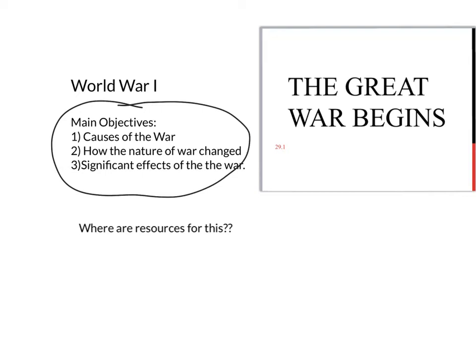Number two is how the nature of war changed. So we will talk about things like the advent of the tank, of aircraft, and poisonous gas, and many things that were implemented during World War I that changed warfare forever. And then number three, we are going to talk about the significant effects of the war.